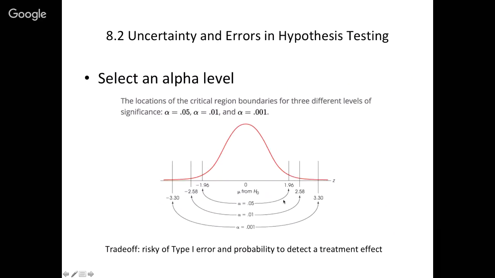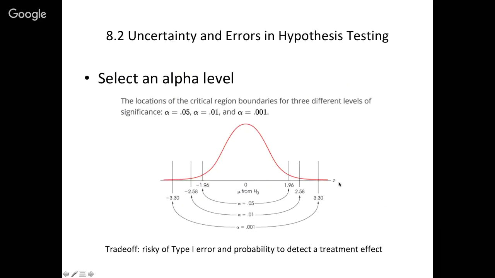So if we use a liberal alpha level, we have a high risk of type 1 error, which means there's actually no effect, but we said there is an effect. So we have a high probability a sample will fall in the critical region.